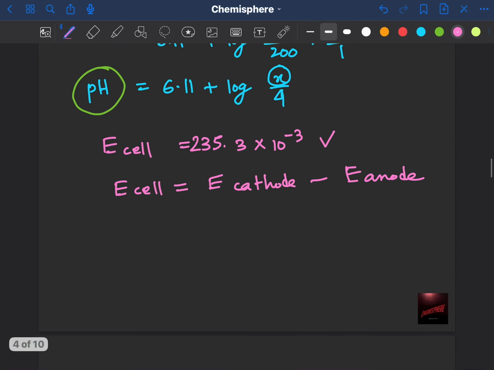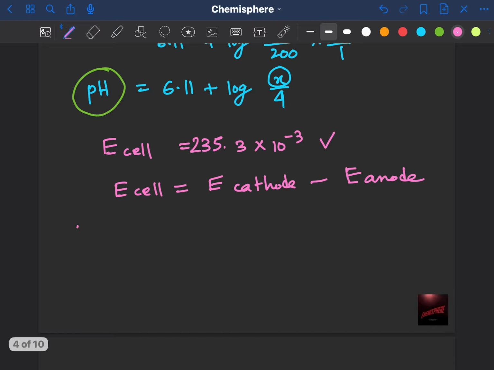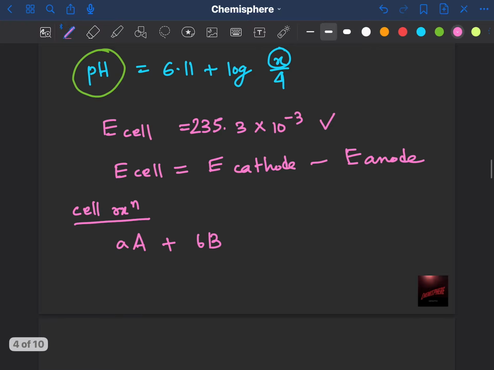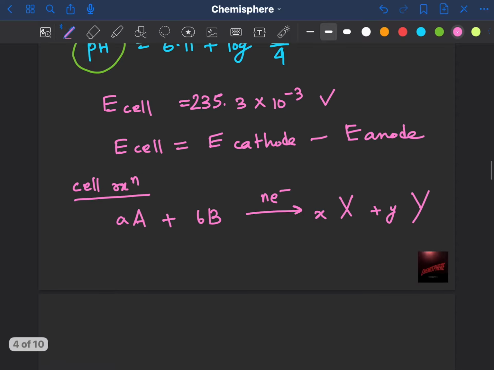Also, for a cell reaction, A moles of A plus B moles of B, which involves n electrons, forms X moles of X plus Y moles of Y. When we apply the Nernst equation, the electrode reaction is written as a reduction reaction. We have to take care of that whenever we write the Nernst equation for individual half cells, as they are written for reduction potentials.